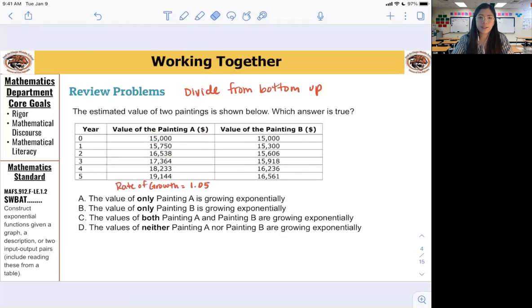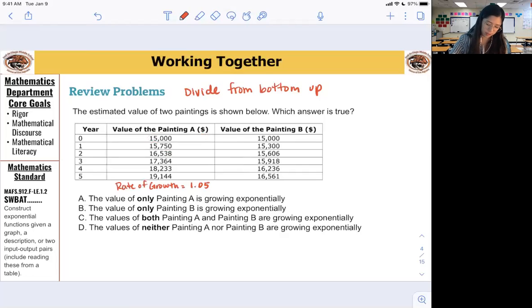That way you can keep track and see if you get the same answer each time. Take about 30 more seconds and let me know what you get.